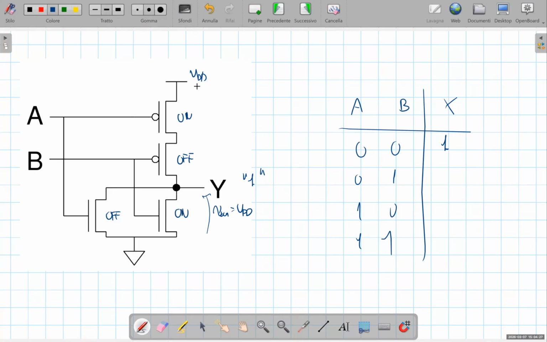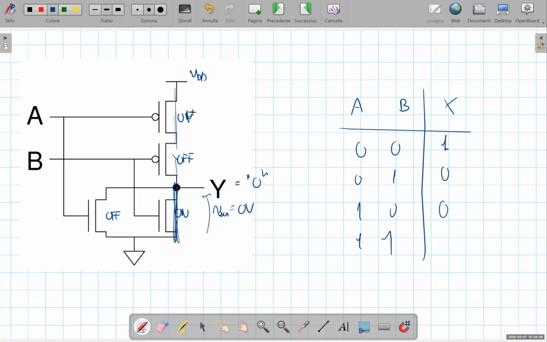So in conclusion, now the pull-up network is globally off and disconnects the output from the supply, while the pull-down network is on and forces the output to 0, and so the corresponding logical value of the output is 0. We can see that when we exchange the inputs, it is the same.